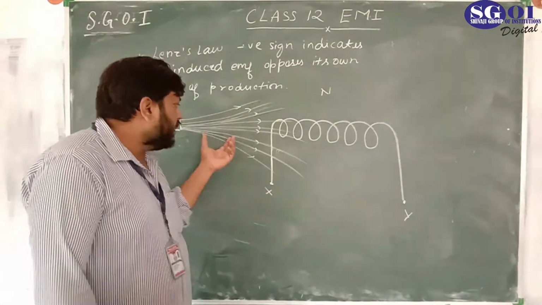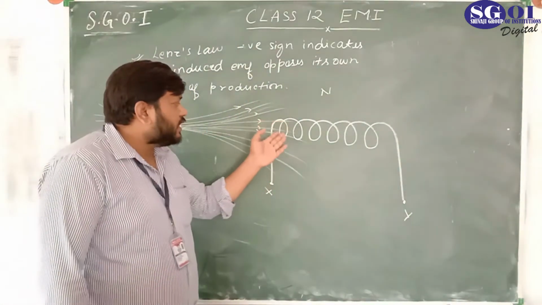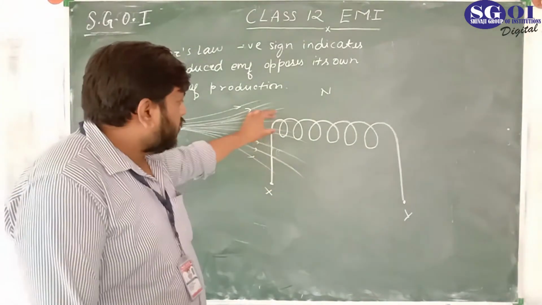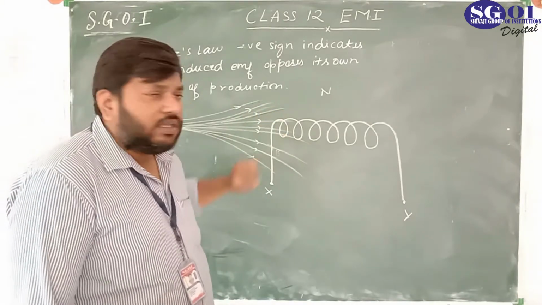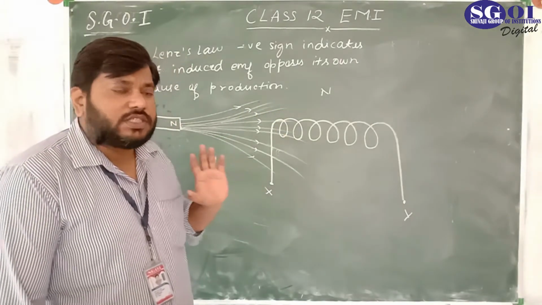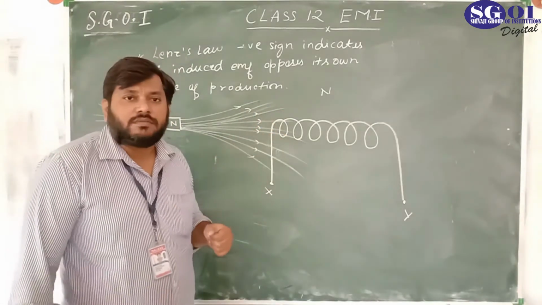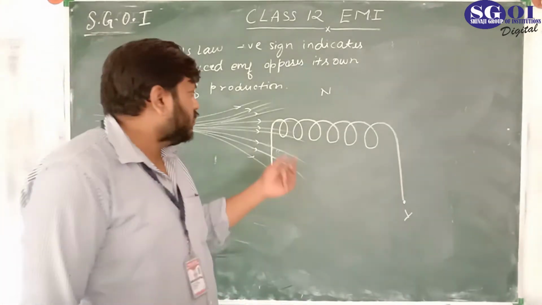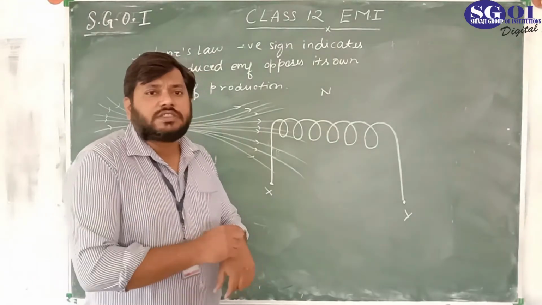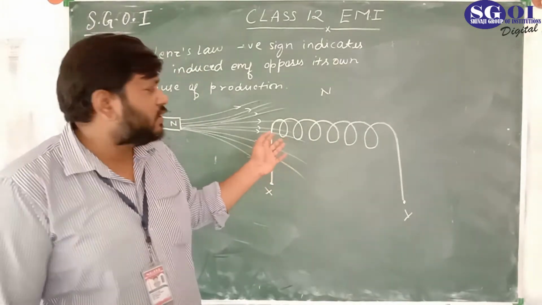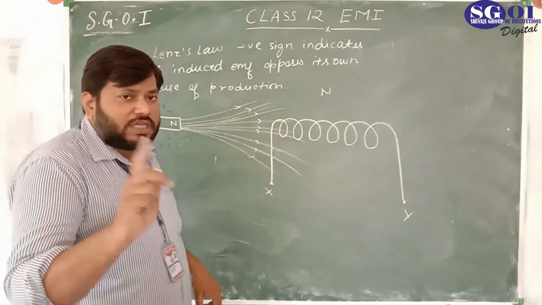If the magnetic field is not changing with time, it means the number of lines which are passing through this coil is fixed. Say after 5 minutes, if there are 3 lines, after some time there are also 3 lines passing through this. It means flux is not changing.